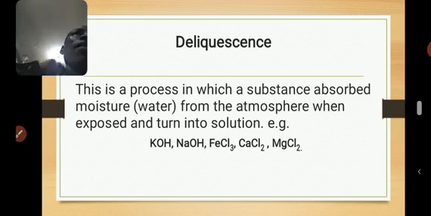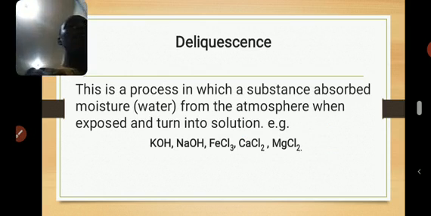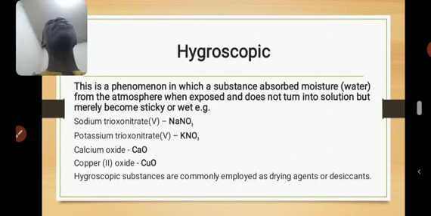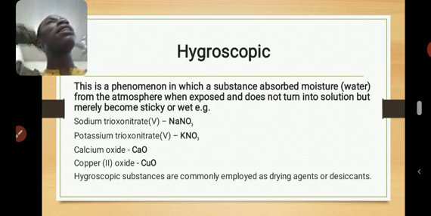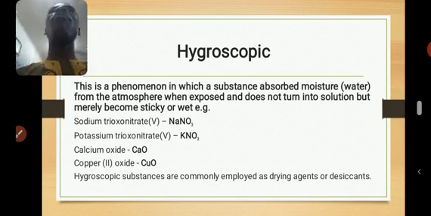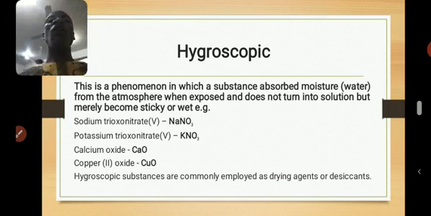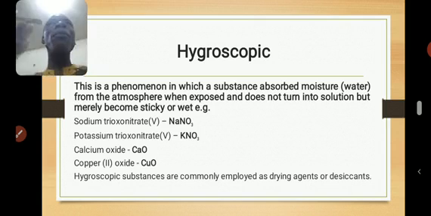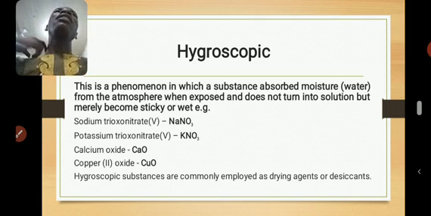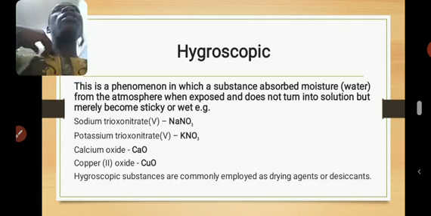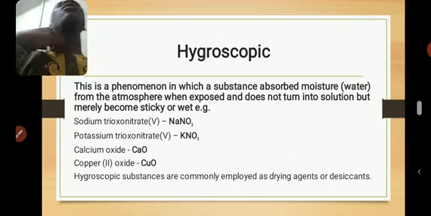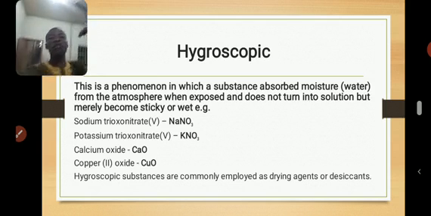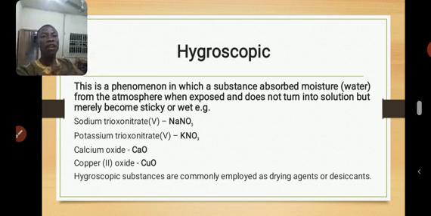Deliquescence, let me start from hygroscopy. Hygroscopy is a process. This one is a little bit opposite of efflorescence. These compounds don't usually contain water of crystallization. When you expose them to the atmosphere, they absorb water from the atmosphere.